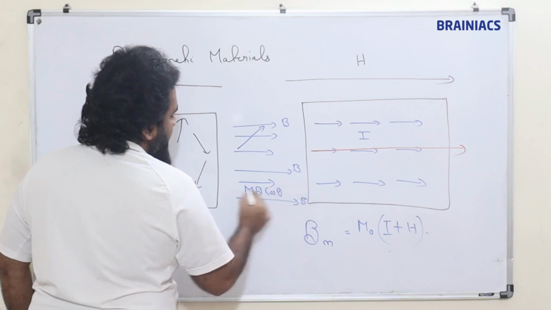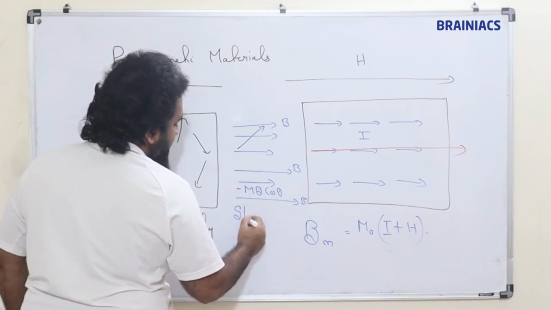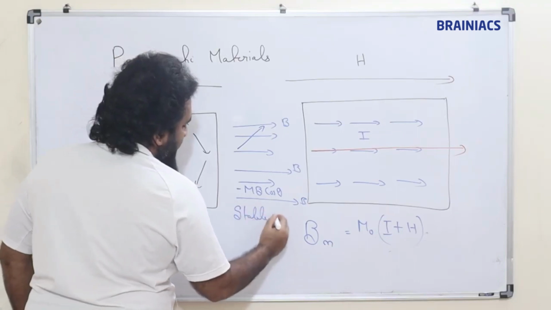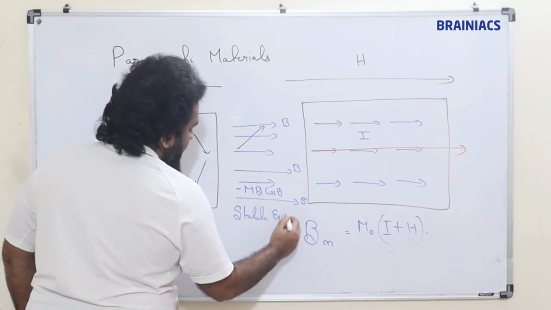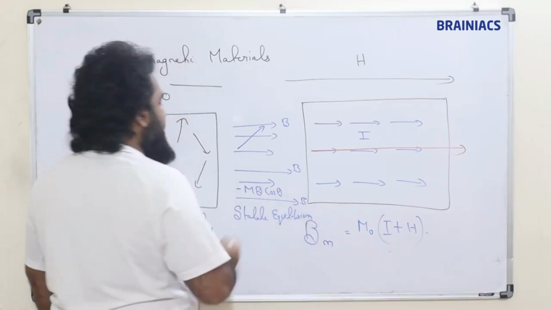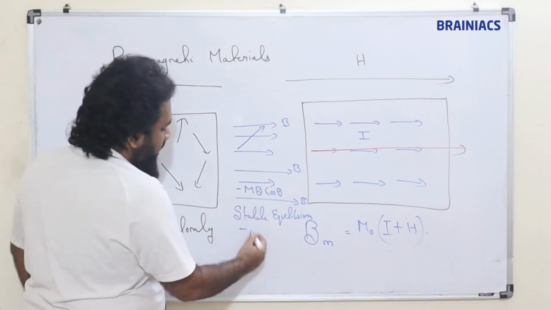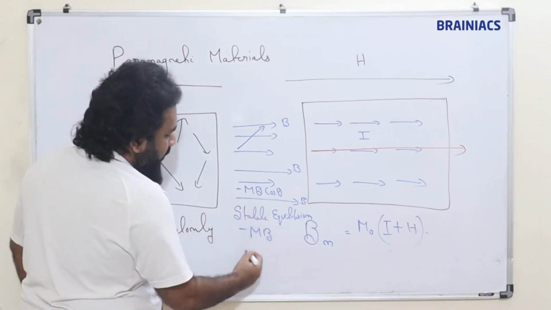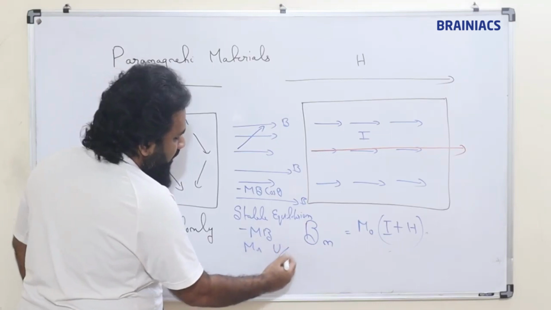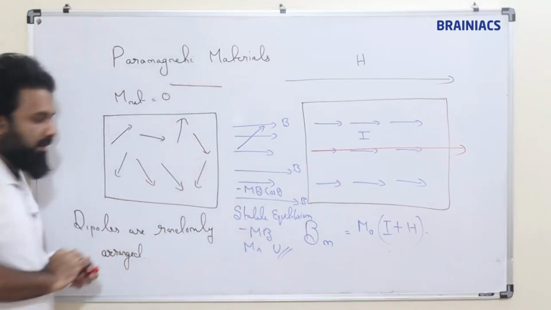That is stable equilibrium. The other orientation will become unstable equilibrium. So minus mB, minimum potential energy. Everything will be aligned in this manner. Clear?